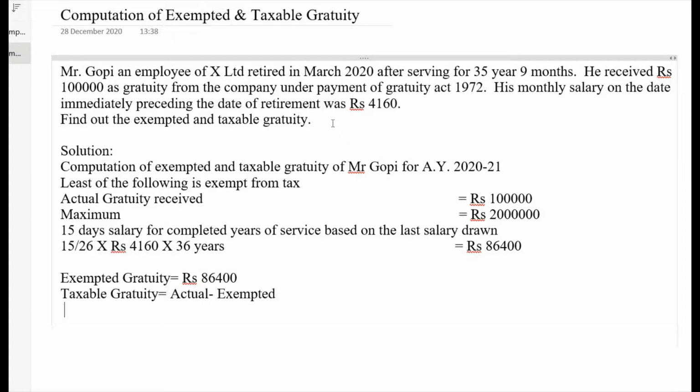The actual received is rupees 1 lakh, minus the exempted amount of 86,400. The difference is rupees 13,600. So this is the taxable gratuity, which will be included in his income from salary.